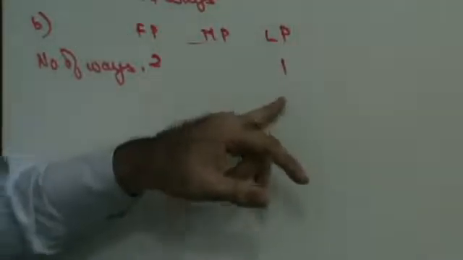Out of the 2 vowels, if I have used 1 vowel in the first place, how many vowels are then remaining with me? Only 1. So the last place can be filled with that one particular vowel only. I have finished filling 2 places, the first place and the last place. I have used 2 letters, both the vowels.